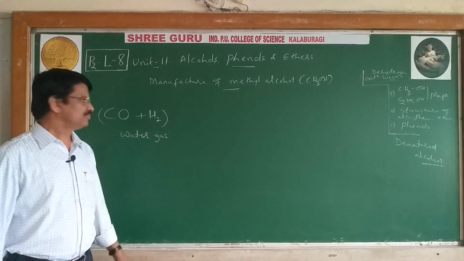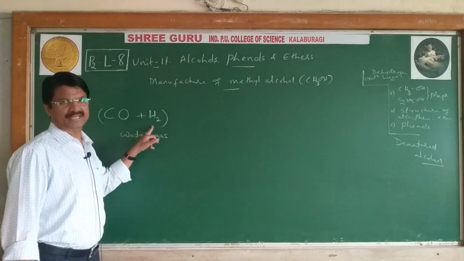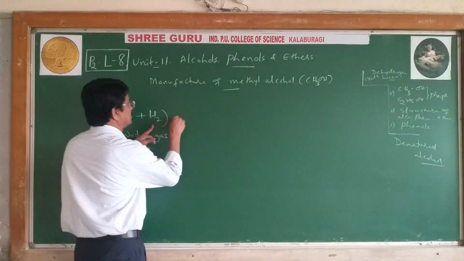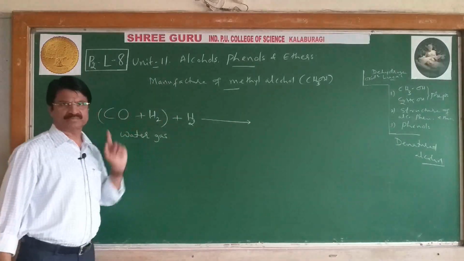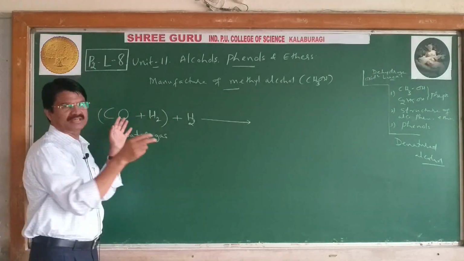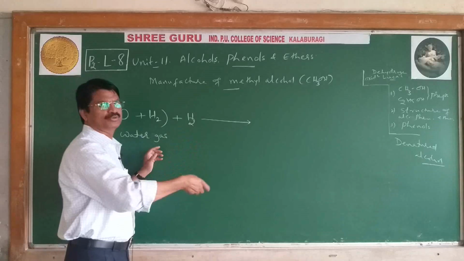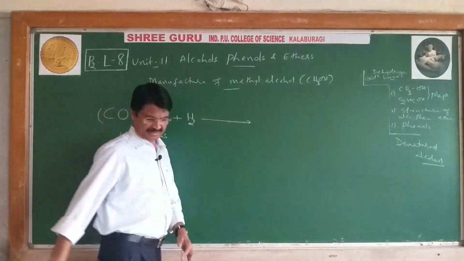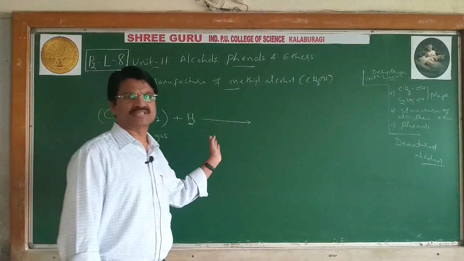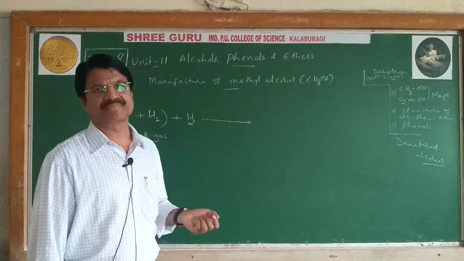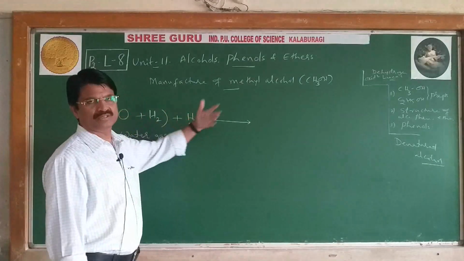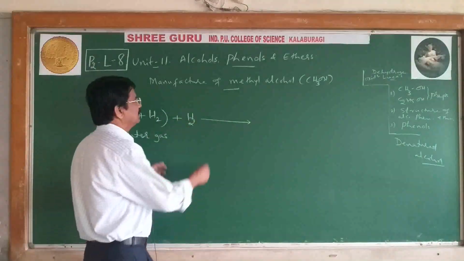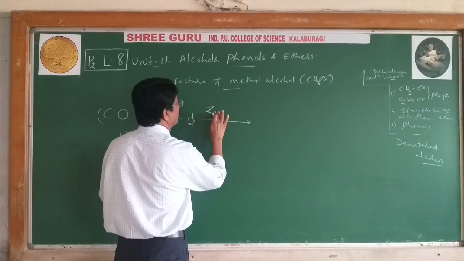Water gas is a mixture of carbon monoxide and hydrogen, and to this, excess hydrogen gas is passed. The hydrogen gas and water gas are compressed and passed through a special catalyst in a process named Bosch's process. By this process, one can convert water gas into methyl alcohol.